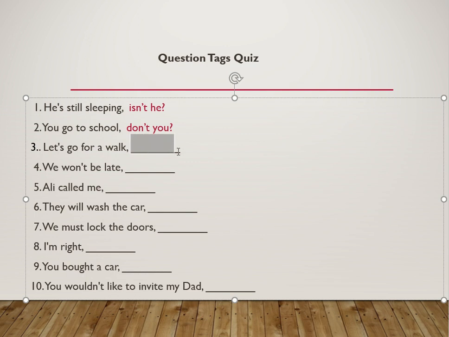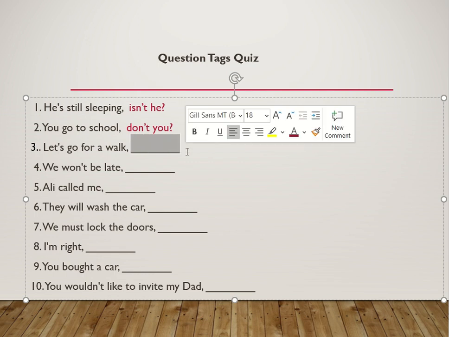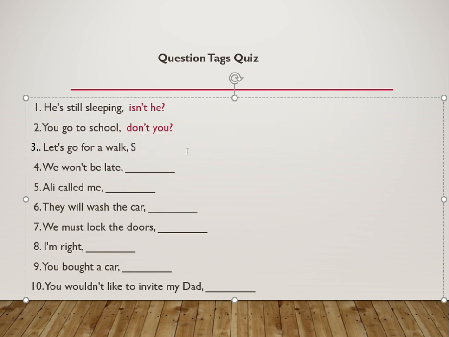Yes, we have to put shall we, so this is the question tag, we have to put it here. Shall we? It is irregular, okay, it's irregular, be careful.